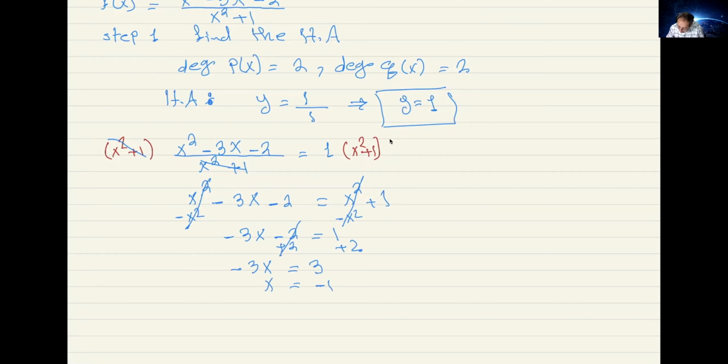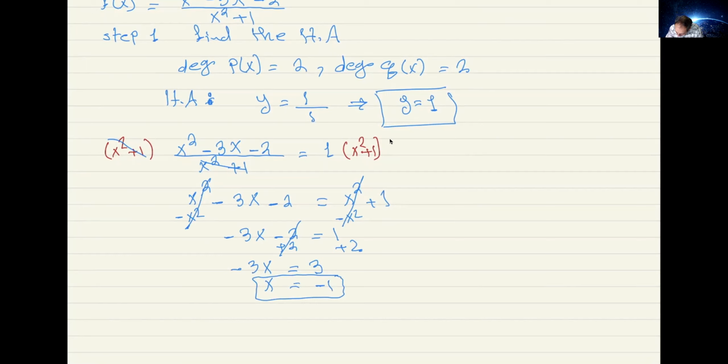Okay, so now what does x equals negative 1 mean? That means that the function crosses y equals 1, which is the horizontal asymptote, at the point x equals negative 1.